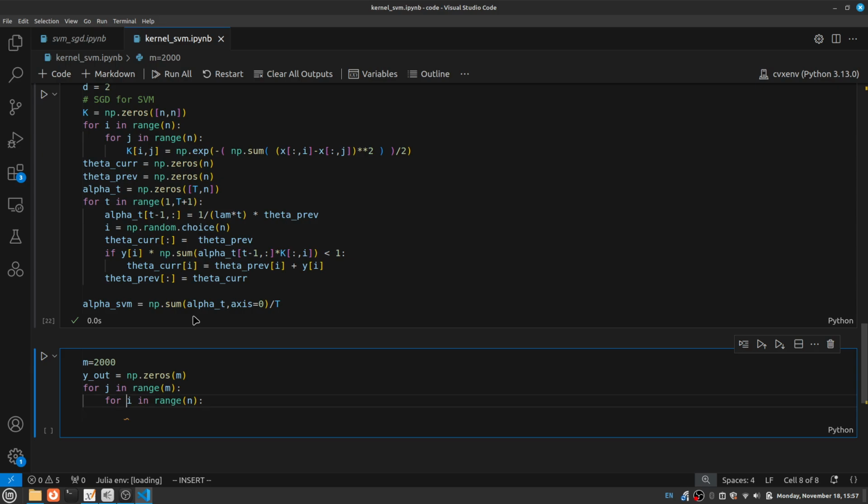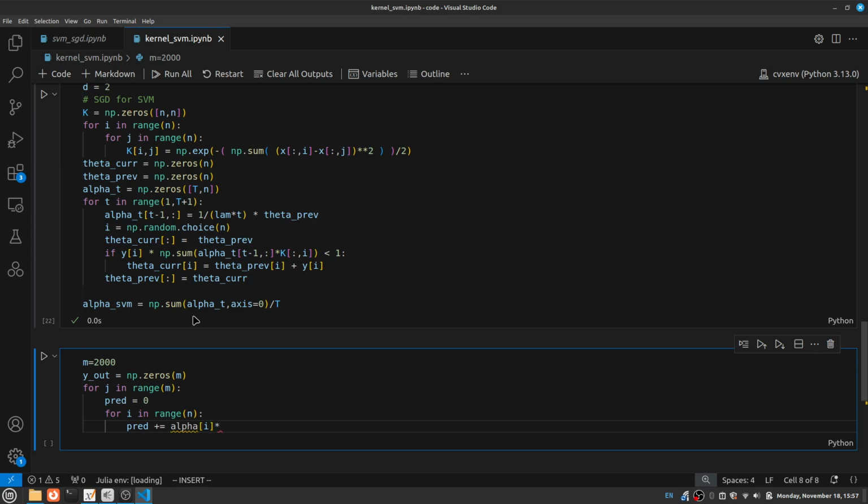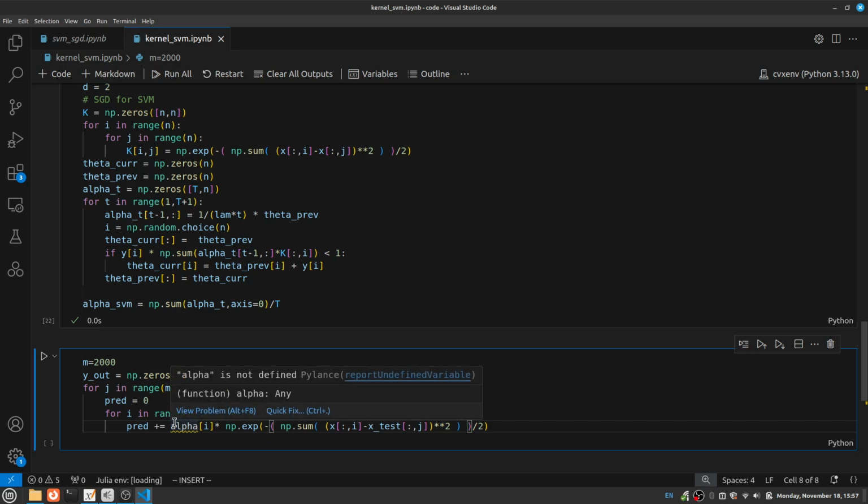I have to look at the summation of alpha j times the kernel. I want the prediction for the jth test point, and remember that I want to express this.